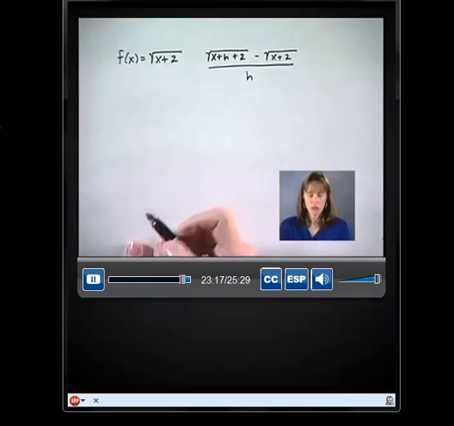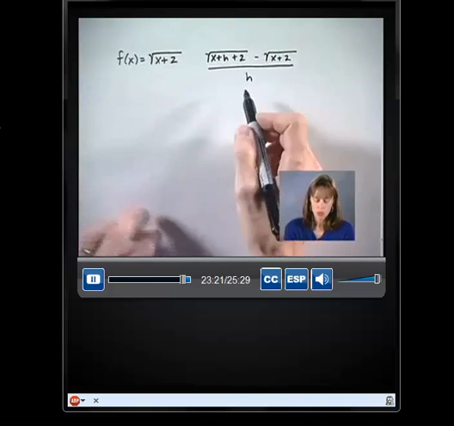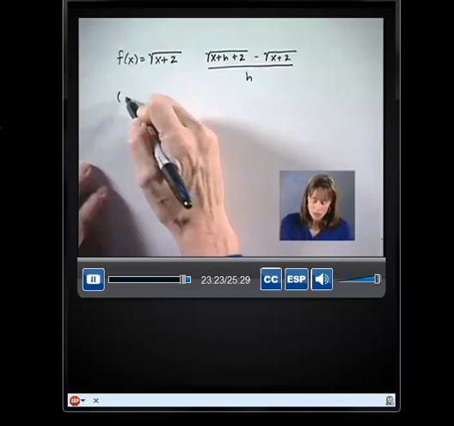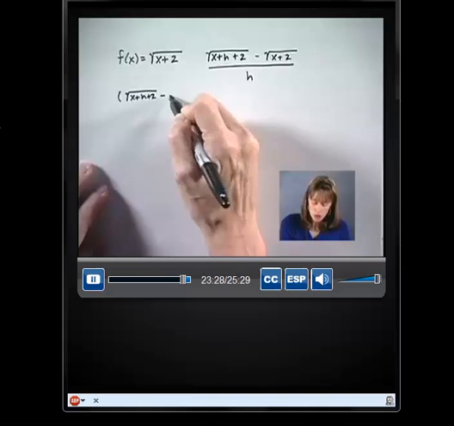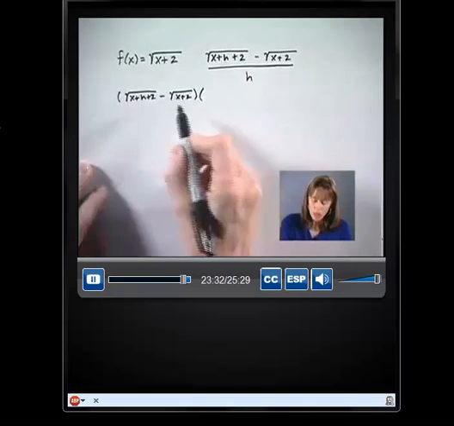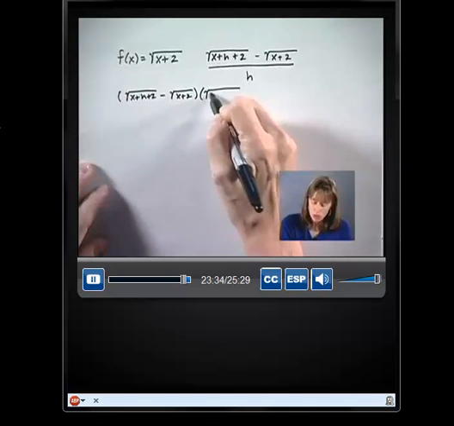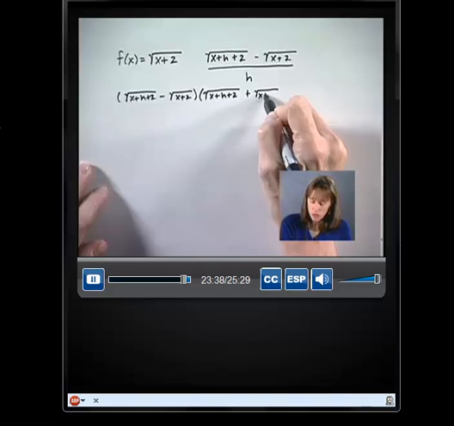Now, to simplify this particular difference quotient, what we do is we rationalize the numerator. So take the numerator as it is, square root of x plus h plus 2 minus square root of x plus 2, and multiply it by square root of x plus h plus 2 plus square root of x plus 2.